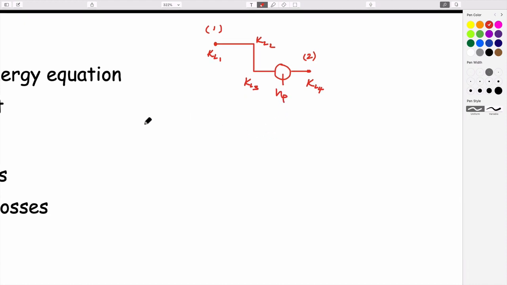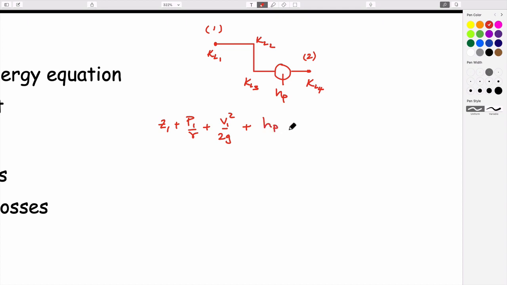And if we want to solve that relationship, then what we have to do is we write Bernoulli in our normal way with the elevation, pressure, and velocity terms between 2 points.